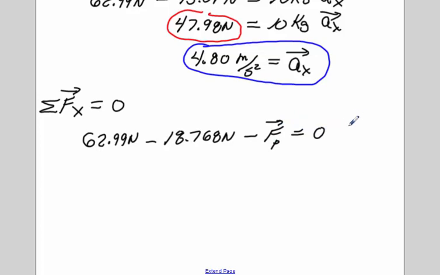When I do that, I get 62.99 minus 18.768. Move this all to the other side, and I will get my pushing force required to keep the object from sliding as 44.22 newtons.